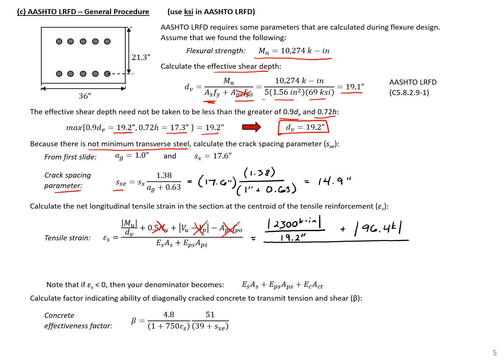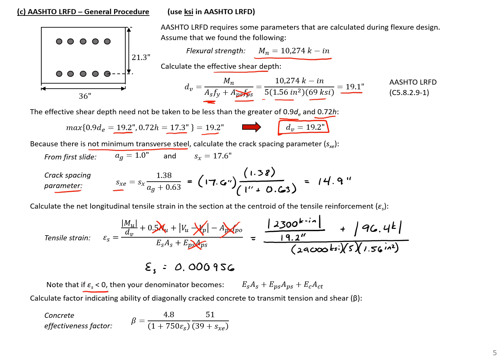We divide this by our denominator, which we again don't have any pre-stressing component, so we only have our 29,000 KSI times our 5 number 11 bars. And we'll find our epsilon s is going to be equal to 0.000956. Note that it's positive, so we have a tensile strain here.